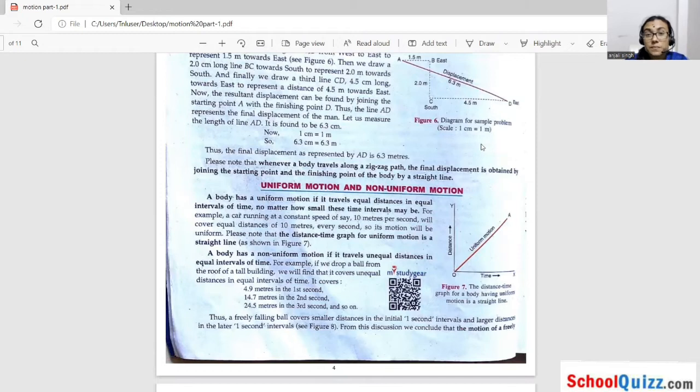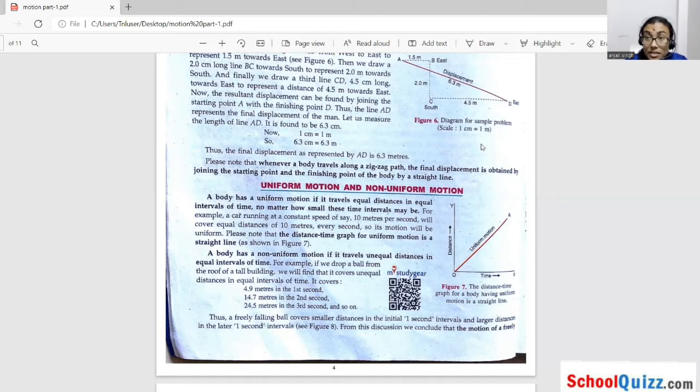Distance is greater than or equal to displacement. In some cases distance is equal to the displacement, and in some cases it is greater than the displacement. But displacement is always less than or equal to distance.